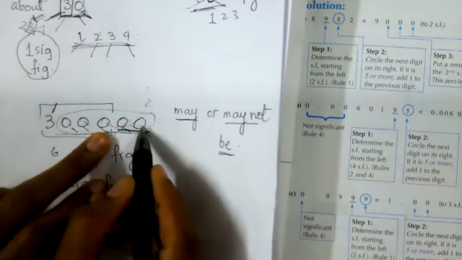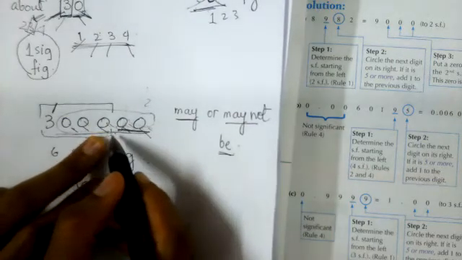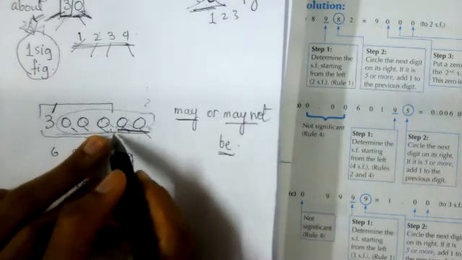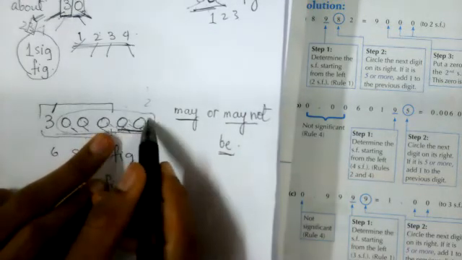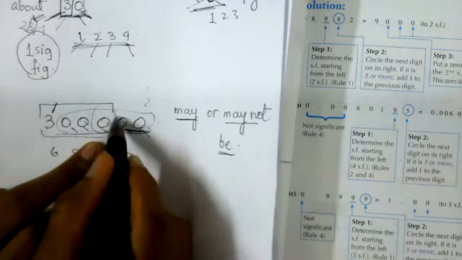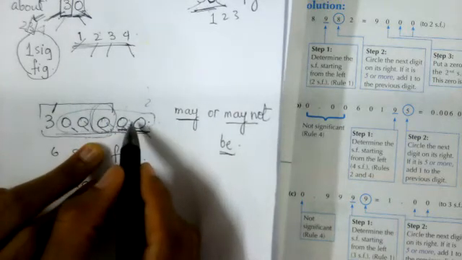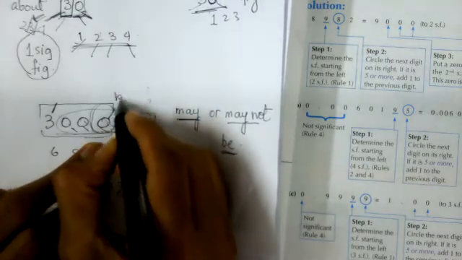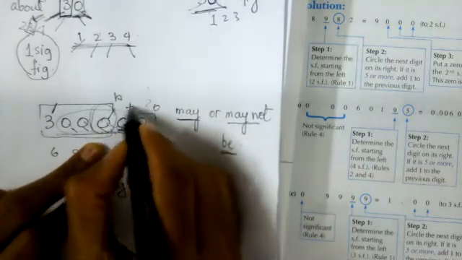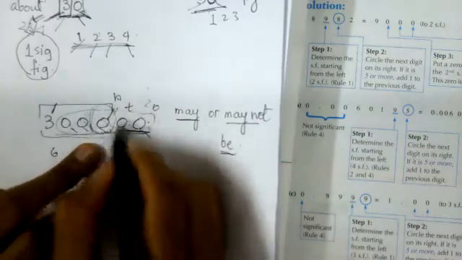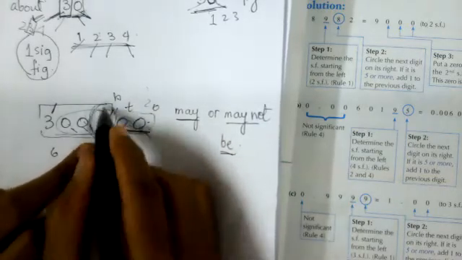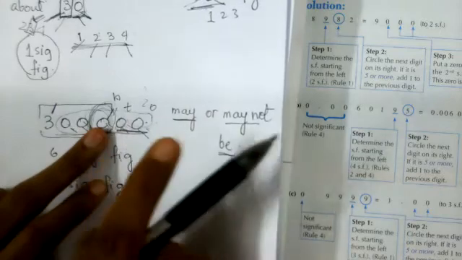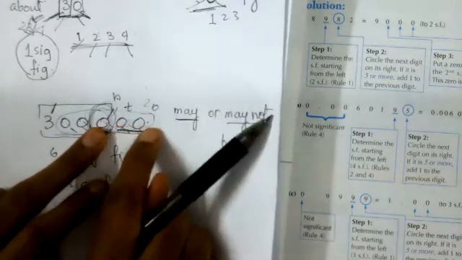That is another way of saying that this figure is approximated to the nearest 1000, because 1000 is the last digit I'm sure about. Sorry, this is hundreds. This is ones, this is tens, and this is hundreds. So hundreds is the last digit I'm sure about, so I am sure to the nearest 100.